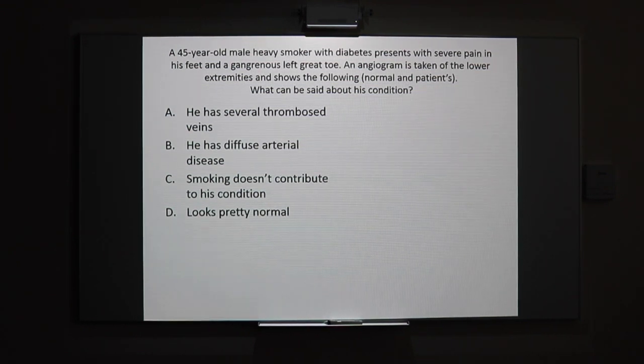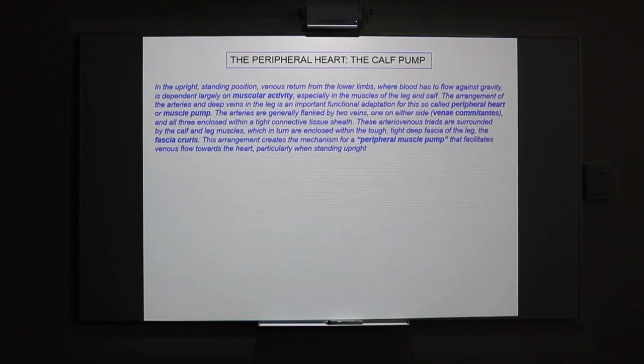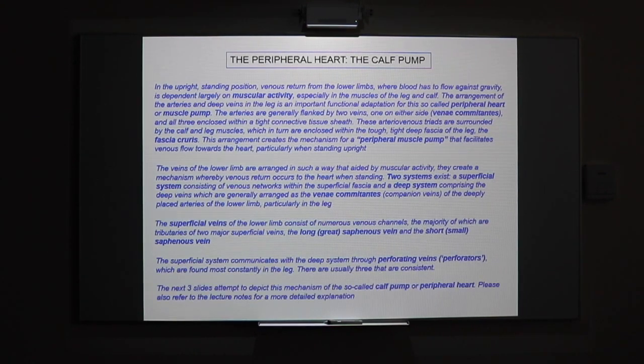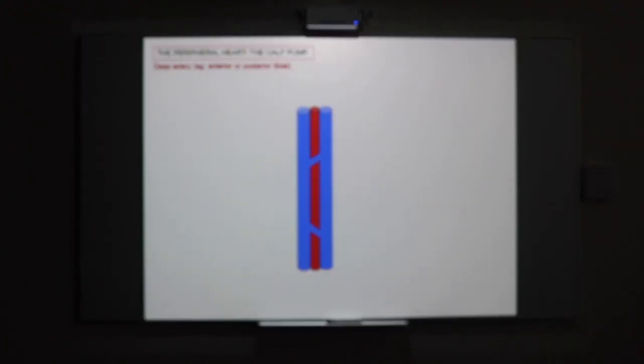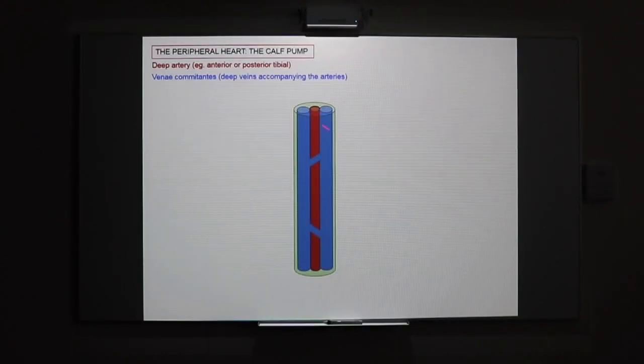Okay, so the last thing which we are going to talk about is the calf as a peripheral heart. So you know that these vena comitantes are along with the arteries, and they are enclosed by a fascia.